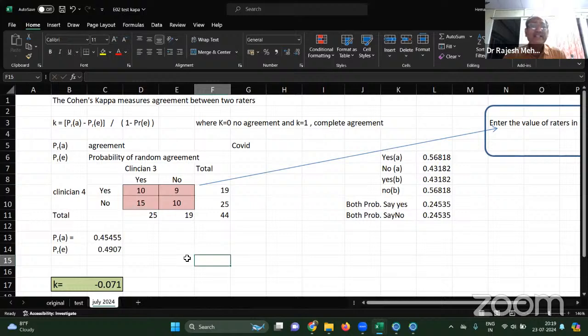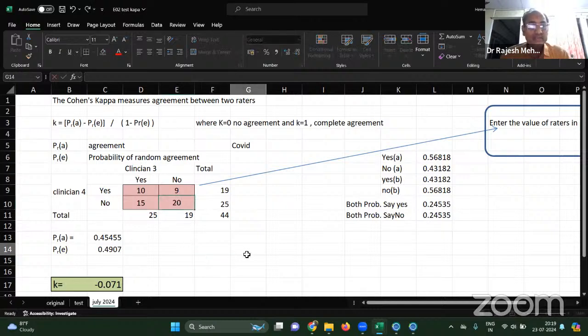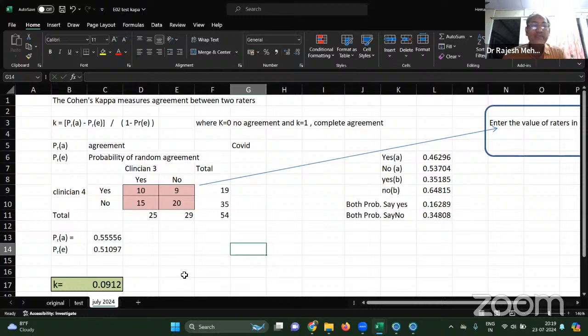If you look at the data like this, it is almost negative, right? If you keep it 20 over here, it is 0.09. If you give 30 over here, then it is 0.34. Both yes and both no is an agreement. Yes and no are disagreement.